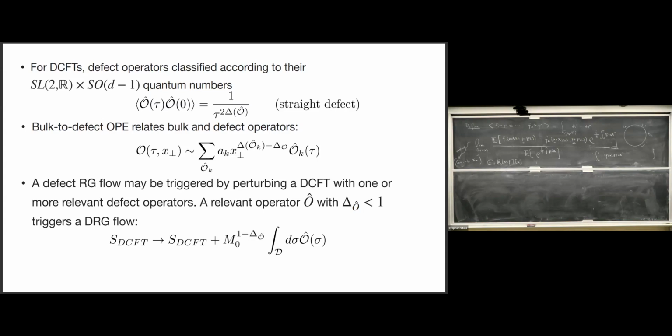And in analogy with the previous slide, we can turn on an RG flow on the line defect by turning on some relevant perturbation that is localized on the defect. So here, I start with some DCFT in the UV, and m0 is a mass scale. Ô is a defect operator that is relevant on the line, namely it has scaling dimension smaller than 1. And then I can turn on an RG flow localized on the line.